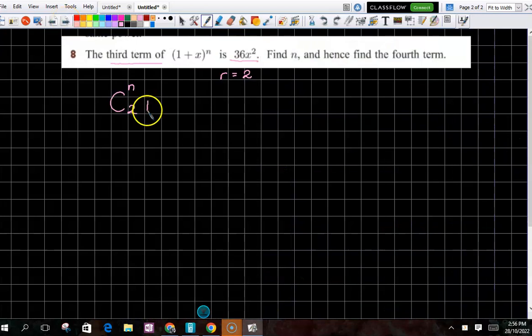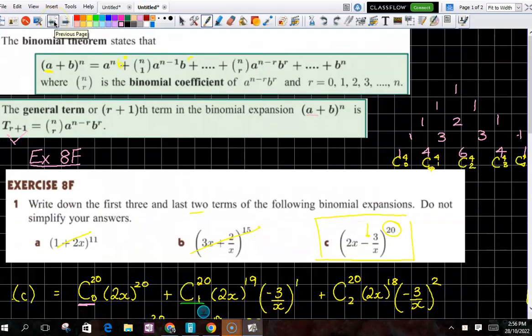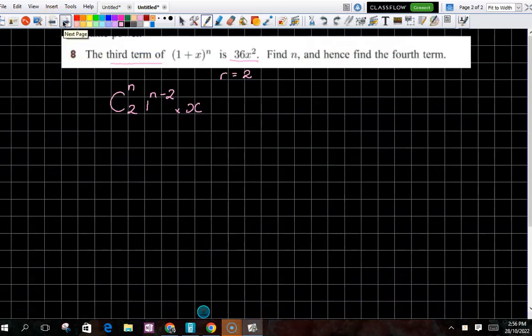Well, it's 1, and I'll write n take 2. And then x, because that's the next one, what power do we take that to? So you go back here, if you're unsure, what does it say? To r. So what's my r? 2.